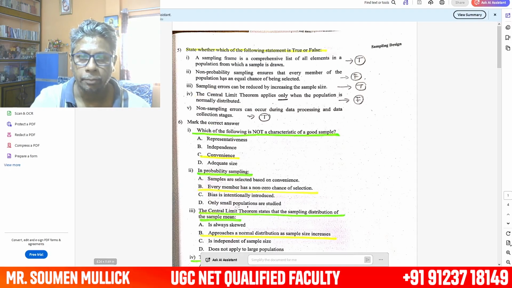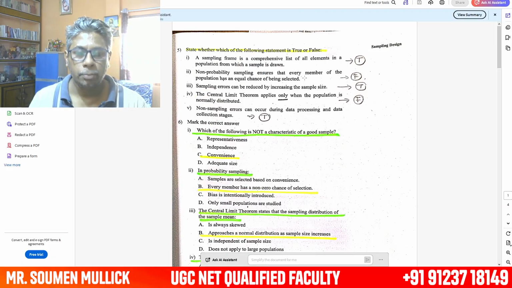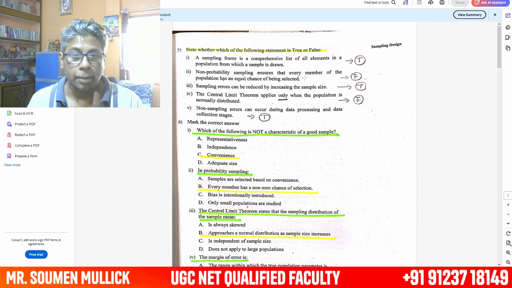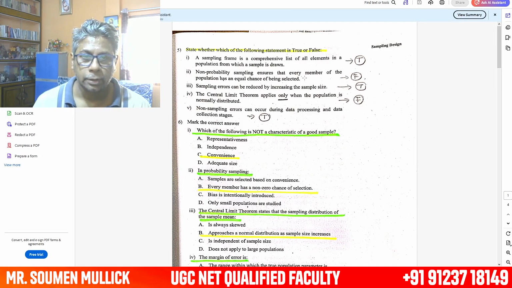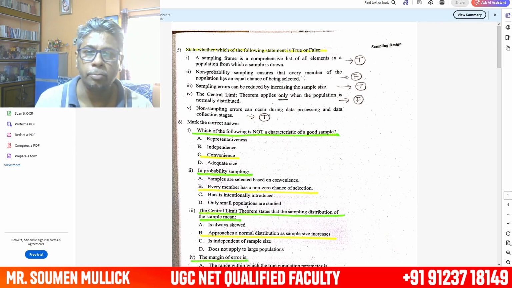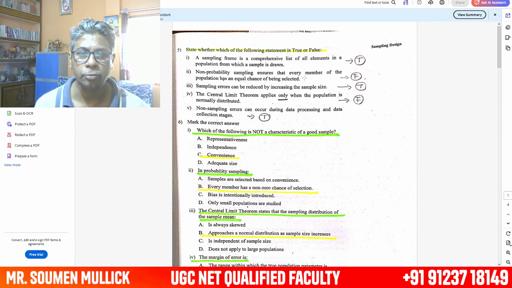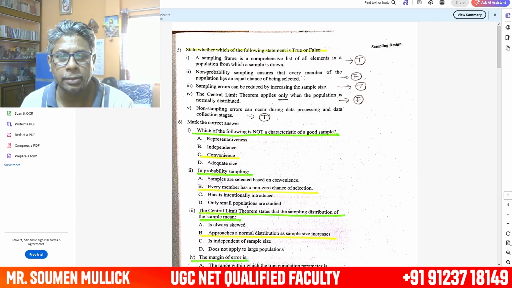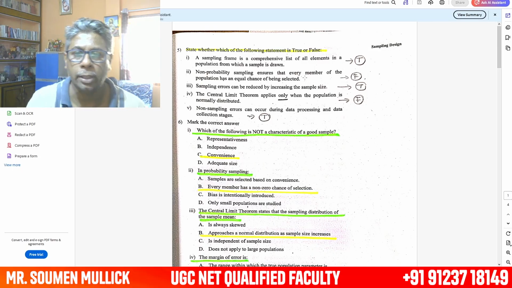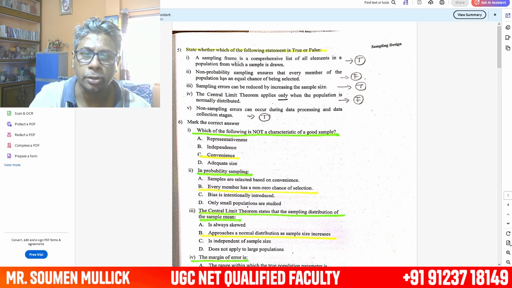And parallelly, we have to solve the important questions of sampling. As an example, the sampling frame is a comprehensive list of all elements in a population from which a sample is drawn.